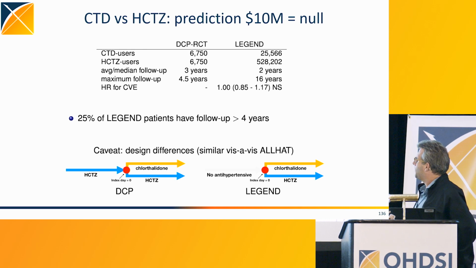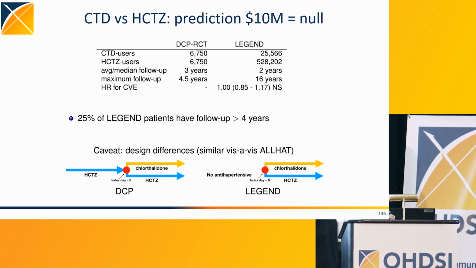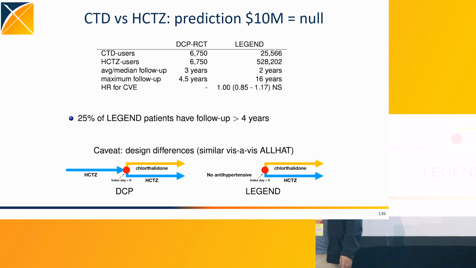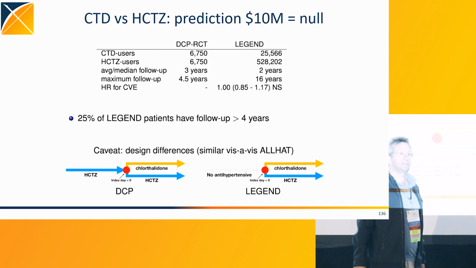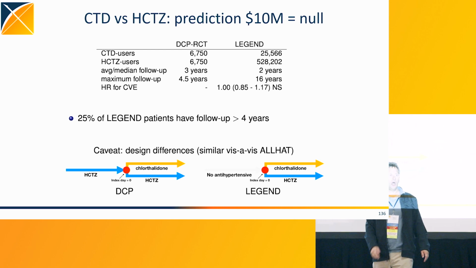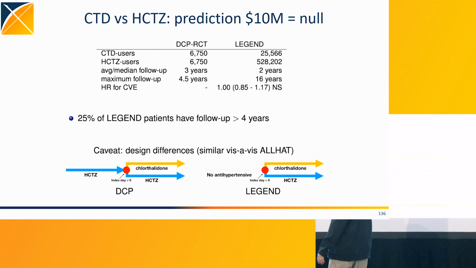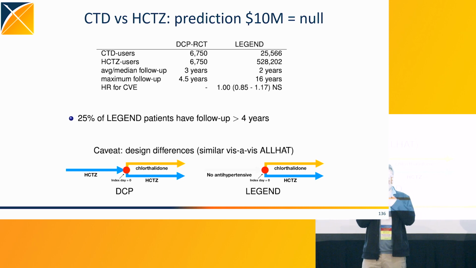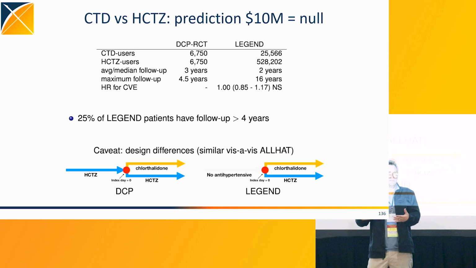And I think the most important difference is DCP wasn't even answering the guideline question. It wasn't answering the question, what drug should somebody start on? It was answering the question, if I'm already on hydrochlorothiazide, should I switch to chlorothalidone? And I understand the limitations on why it was set up that way.